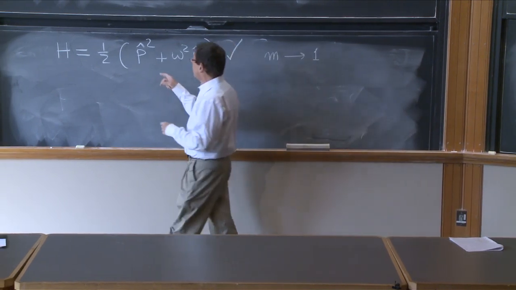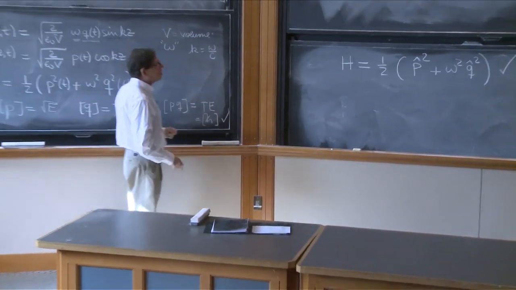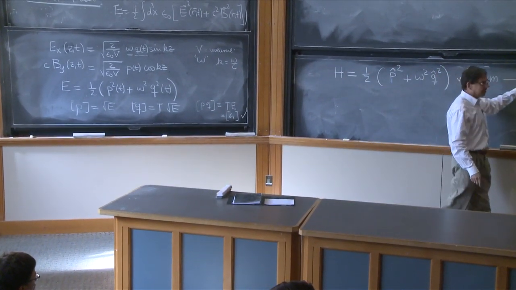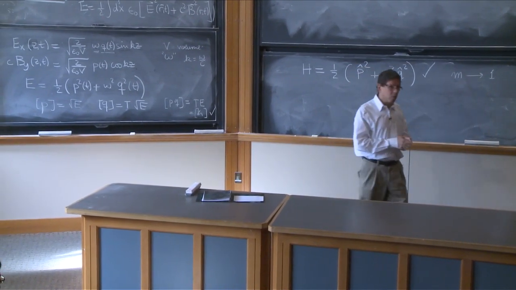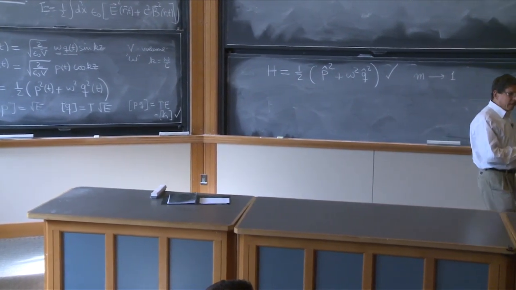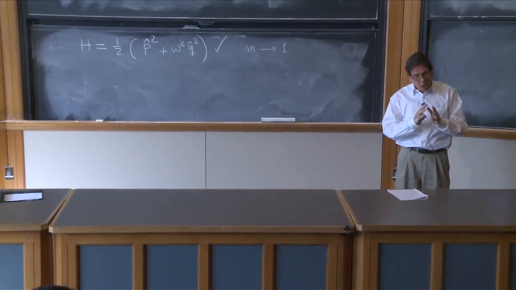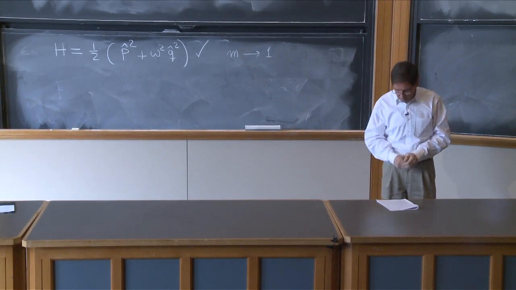But we agreed already that these p's and q's have funny units. So those units are in fact consistent with a mass that has no units, and you can set it equal to 1. So I claim that you can take all the formulas we had with m and just put m equals 1, and nothing would go wrong.